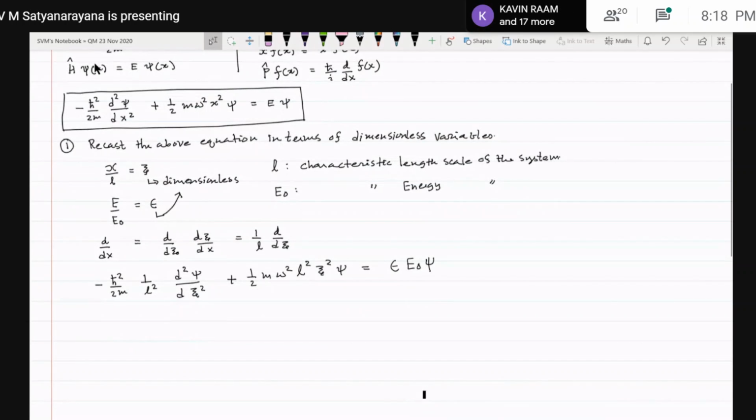What I will do is, I will multiply the equation throughout with minus twice m L square by h bar square.